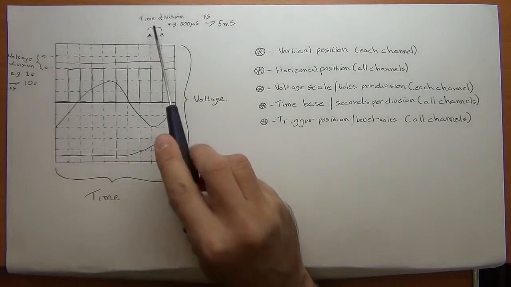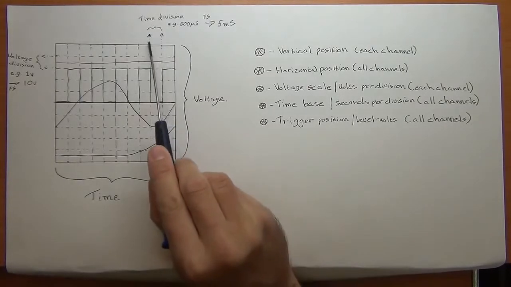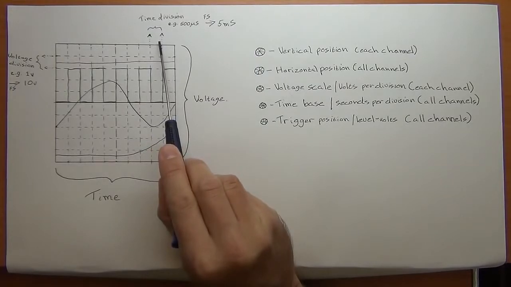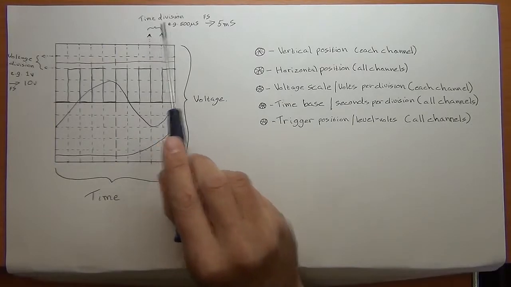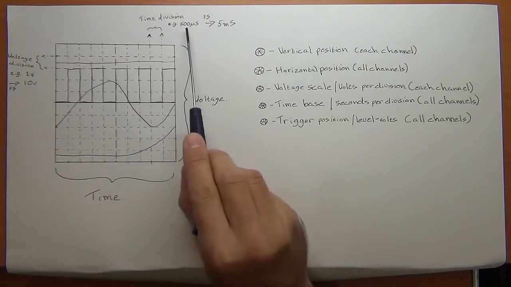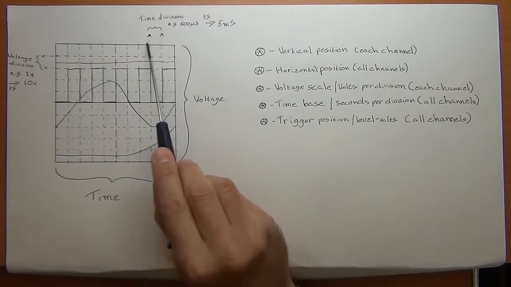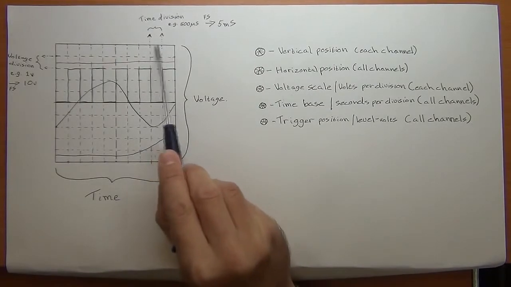And as I've highlighted up here in the example, each of those little squares is that division. So, for instance, on your oscilloscope you may have it set to a setting of 500 microseconds, and that is a representation of each of those little segments.